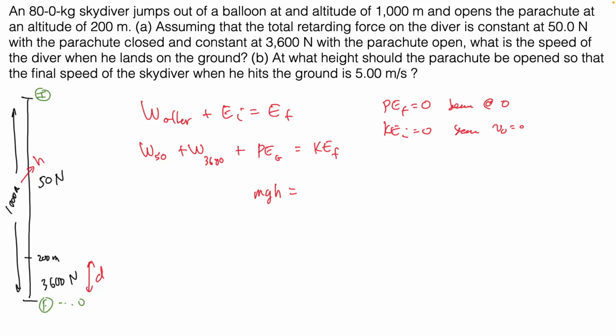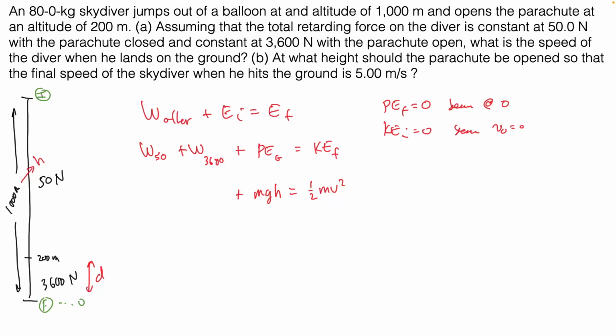All right. So I put in mgh because that's the full height from 0. What do I write for kinetic energy final? 1/2 mv squared. All right, now I've got to deal with these work others, right? The work that the 50 Newton force does, static or kinetic friction? It's kinetic, right? Sliding through the air.